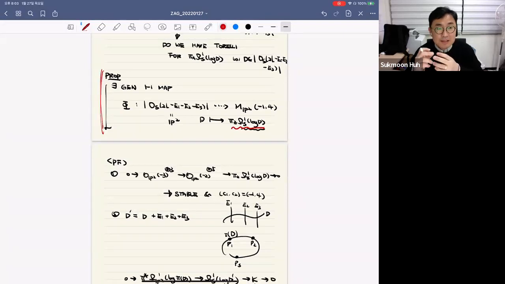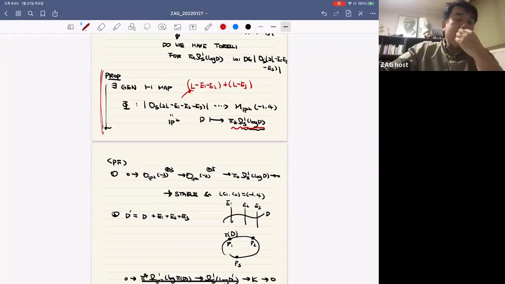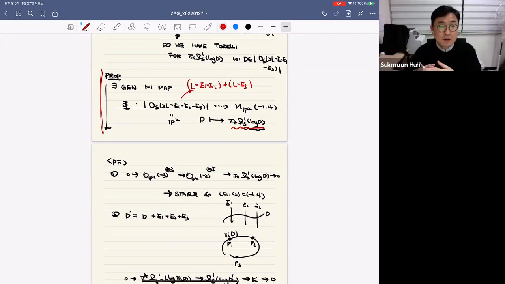But if our D is not smooth, so that it has more than one irreducible component, say, for example, L minus E1 minus E2 plus L minus E3, then the corresponding logarithmic bundle has different Chern class. So if you deform your divisor, then the corresponding logarithmic bundle can have different second Chern class.